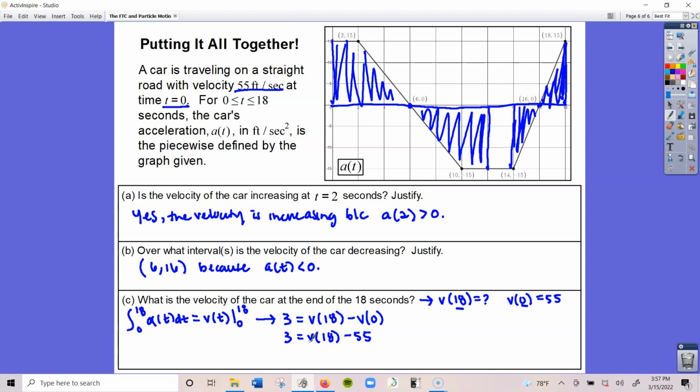So we have this equation, 3 equals v of 18 minus 55. So I'm going to add 55 to both sides, and I get that v of 18 is equal to 58. And my units, because it says velocity, is feet per second.